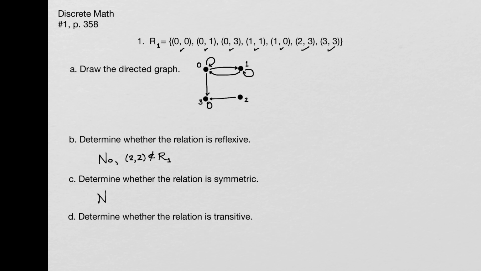So my answer again is a no, because we have, what was that again? 0, 3 is an element of R1, and 3, 0 is not an element of R1.